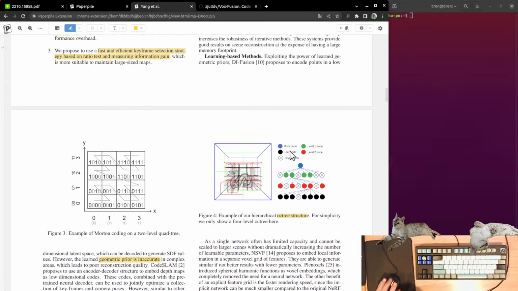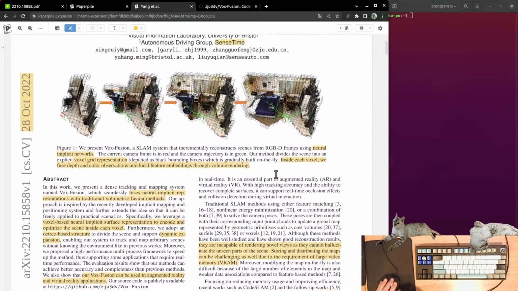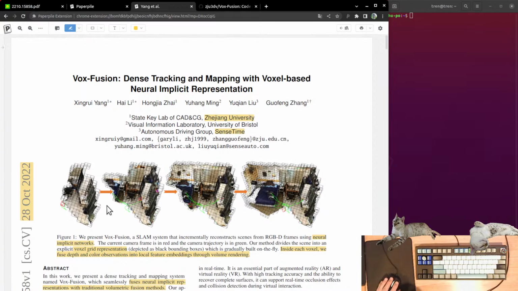So if you look at their crowning image here, it's not like they took a 10 meter by 10 meter by 10 meter square and started with that as the initialization for the entire map and then just subdivided that entire thing into tiny little voxels. They seemingly add more voxels over time, right?